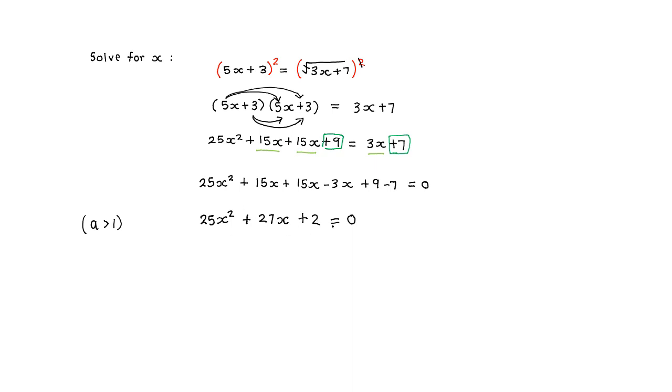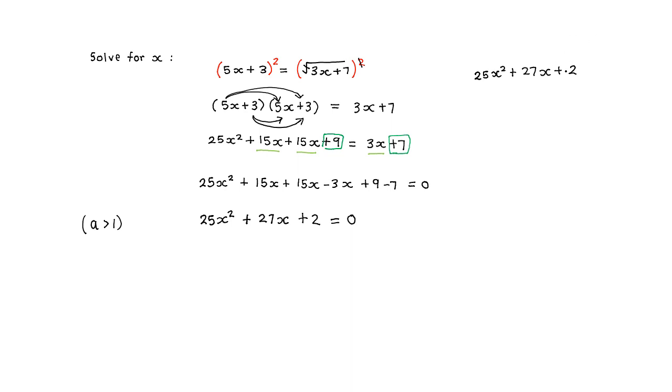Well, if we look at the factors, let's write it on the side over here, 25x squared plus 27x plus 2. I didn't actually want to write this equals to 0. Just want to keep it as a trinomial like we are used to.